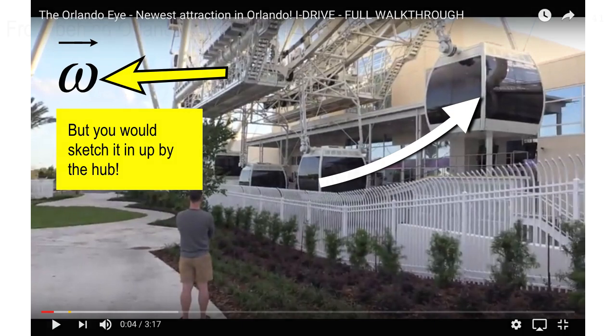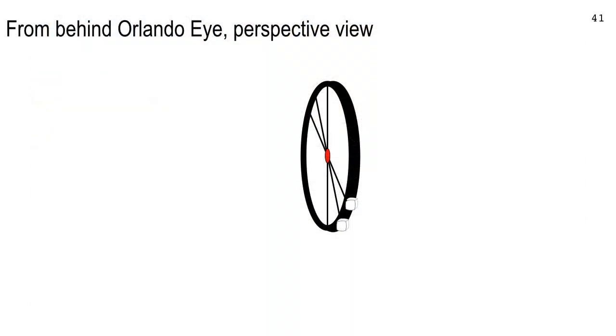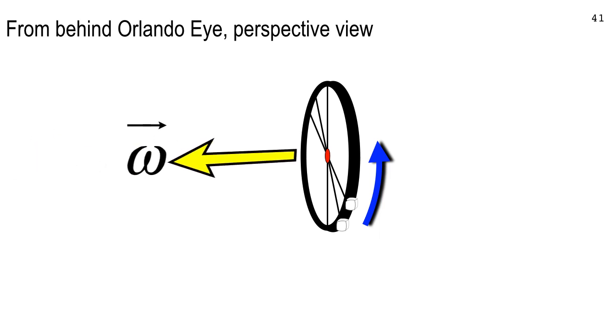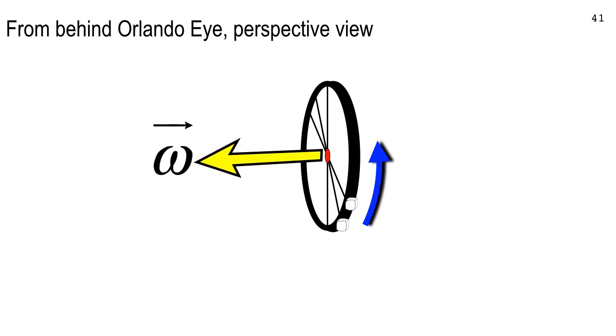Here's a little diagram. So here's the Orlando Eye, here's a couple of little compartments, and there's the angular velocity arrow pointing towards Cocoa Beach.